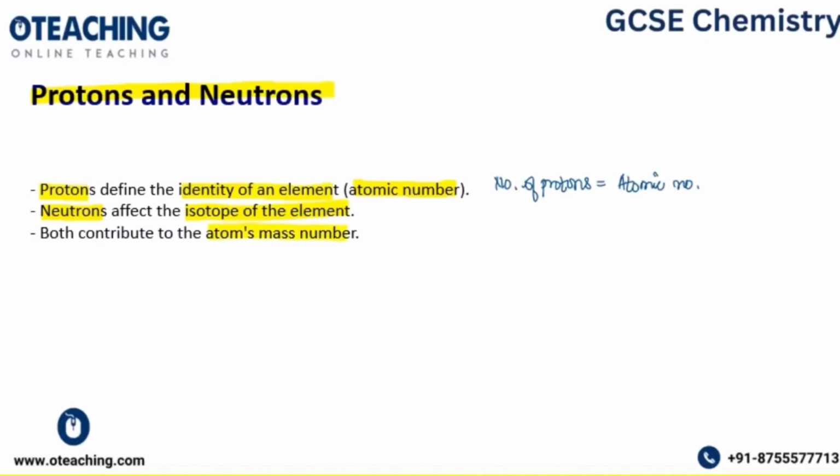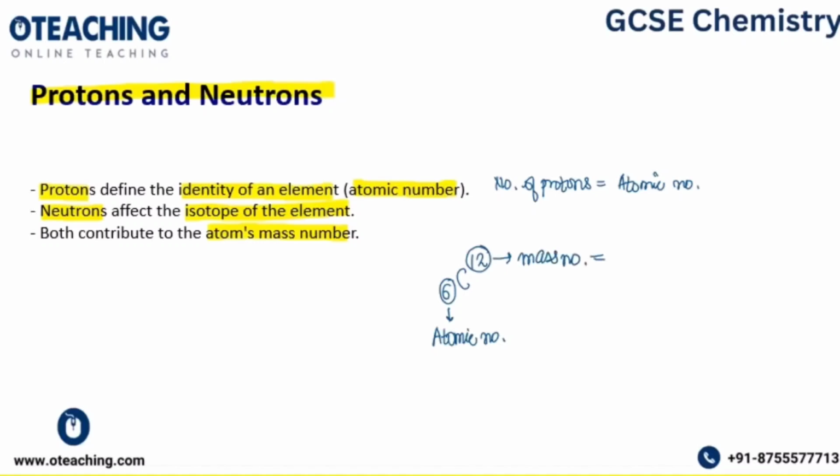What is mass number and atomic number? For example, we have different elements in chemistry. If I consider carbon, here we write 6 and here 12. This represents the atomic number, or the number of protons, and this represents the mass number.